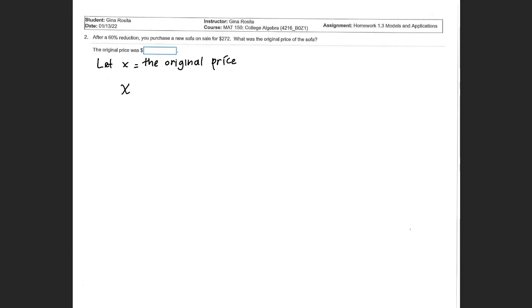After a 60% reduction, it means you minus 60% of the original, right? So the sale price becomes $272. Remember, 60% we can write as 60 over 100, or we can write 0.6.